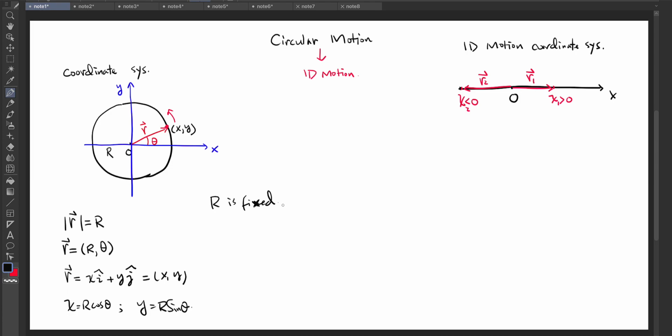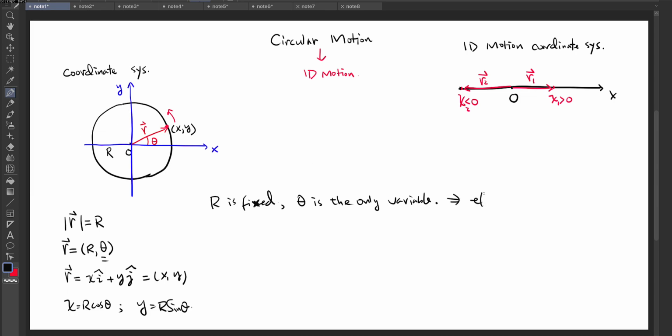so the only variable is the angle theta. And then the object can only move along this path. And if you think about this path here, it's effectively a 1D motion.